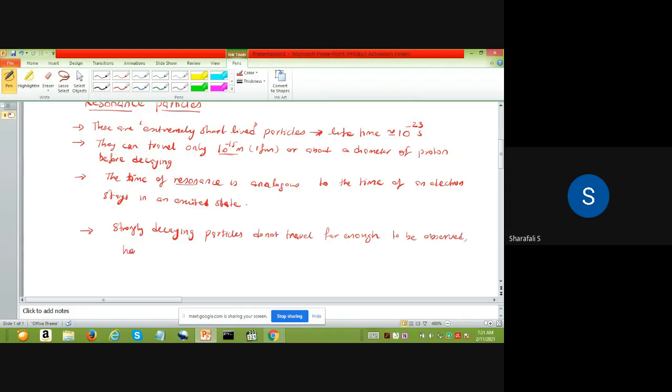Hence, their existence is inferred from their decay products.